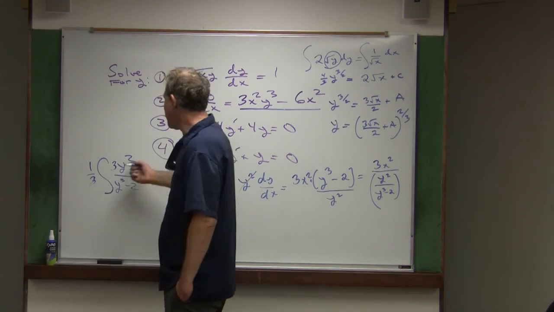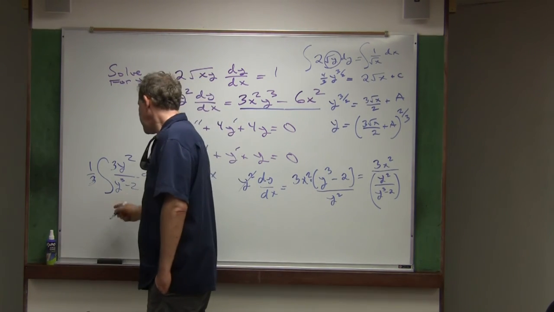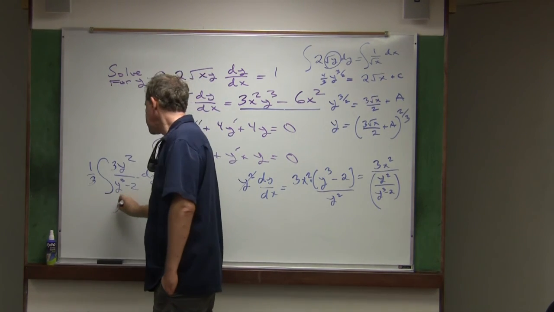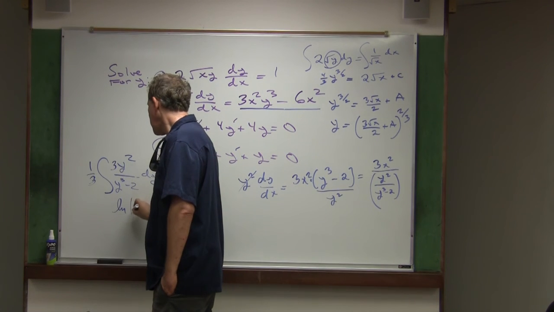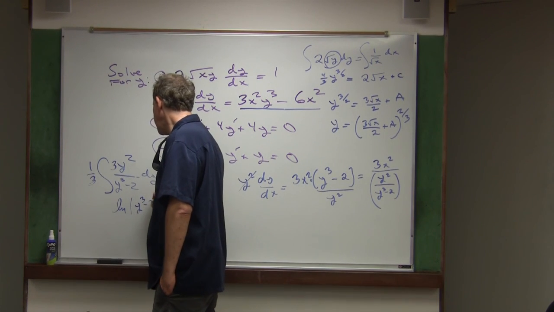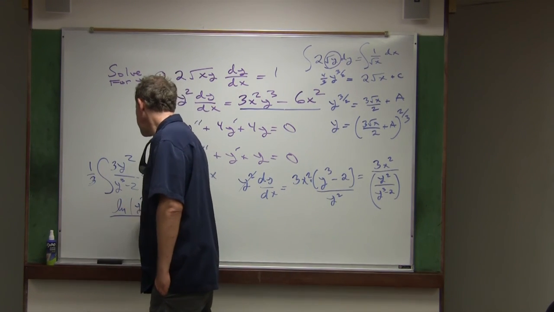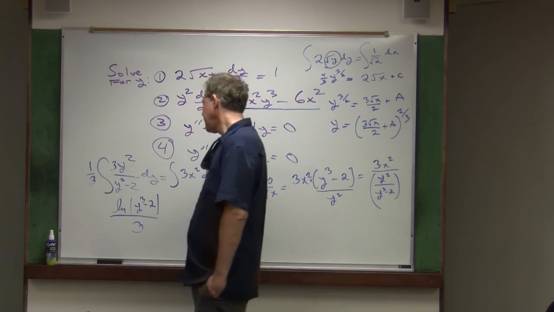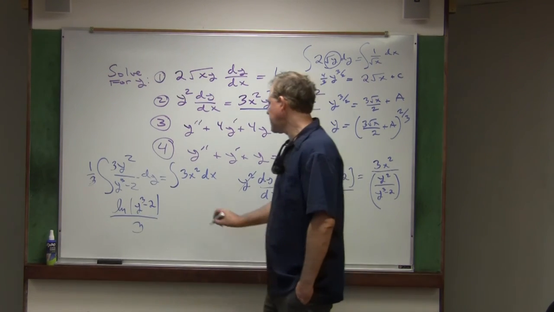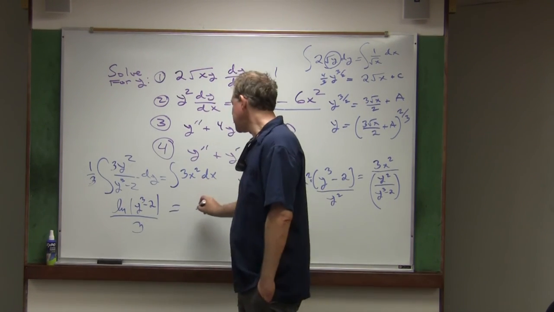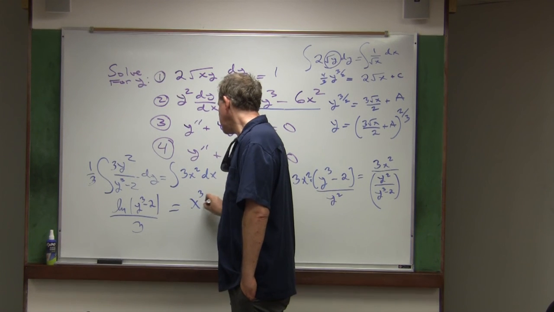So anti-differentiate the outer function, which is 1 over y, it's going to be ln of y cubed minus 2 over 3. And then this is just going to be x cubed plus c.